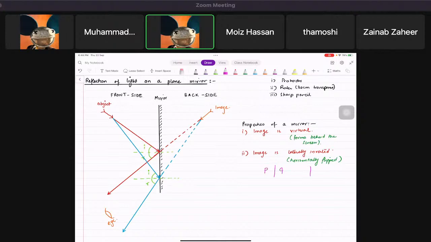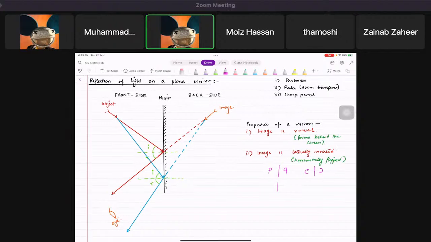If you see C, it is going to look like this. If you see a word like my name, Awais, it would look like SIAW. Every letter and the word is going to be horizontally flipped. Understood? Yes, sir.